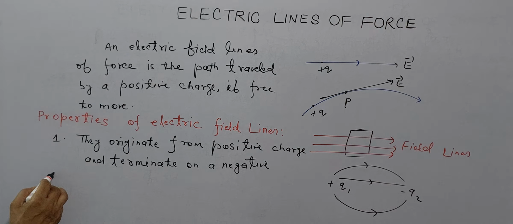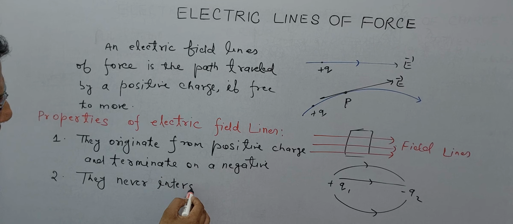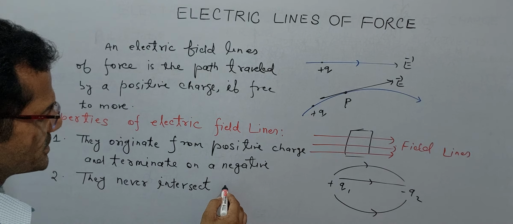Now the second property: they never cross each other, they never intersect each other.